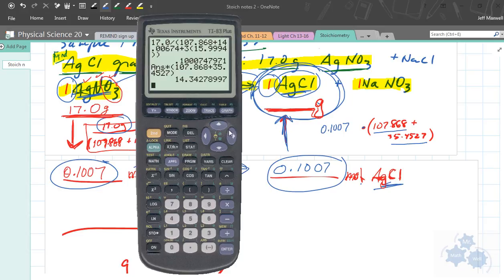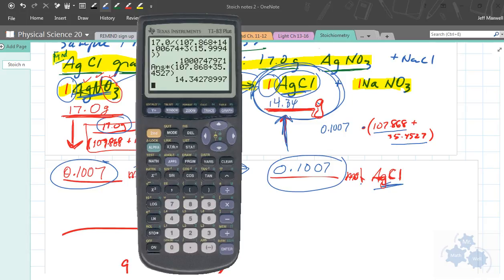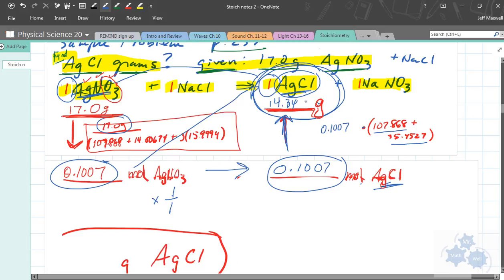And I'm going to get the number of grams of AgCl that this number of moles represents. So 0.1 moles is 14.34 grams. So actually it's 14.34, 27899, but so on. What do I want to do for significant figures?